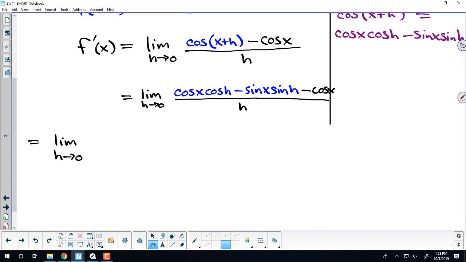Take this term and this term, and we'll factor out the cosine. We'll have cosine x that we factored out. We're left with cosine h minus 1. And then we still have this minus sine x sine h here, all over h.